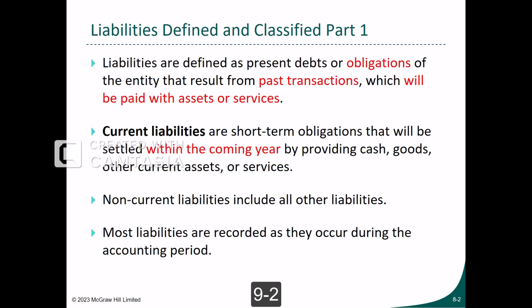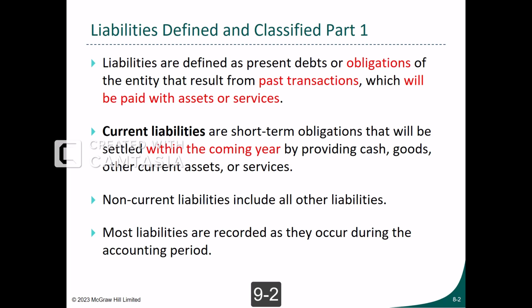Now, the classification of liability on the balance sheet is either a current liability or a non-current liability. A current or short-term liability is a liability that is going to be settled within the coming year. IFRS uses the current terminology, ASPE uses the short-term terminology.